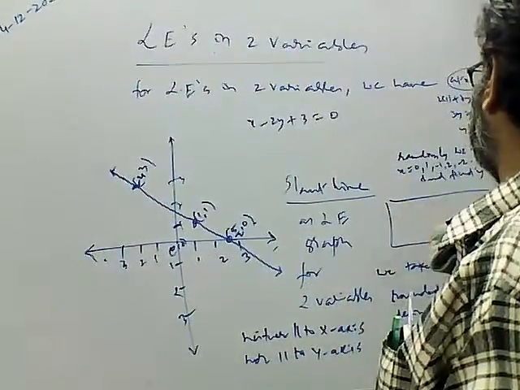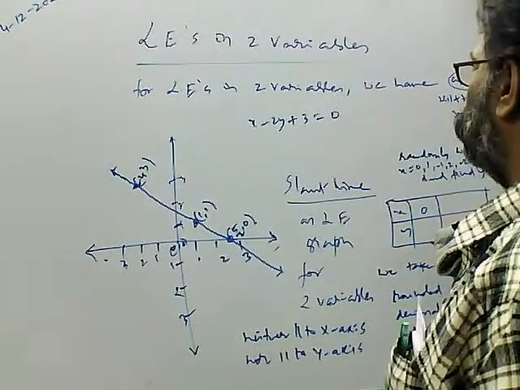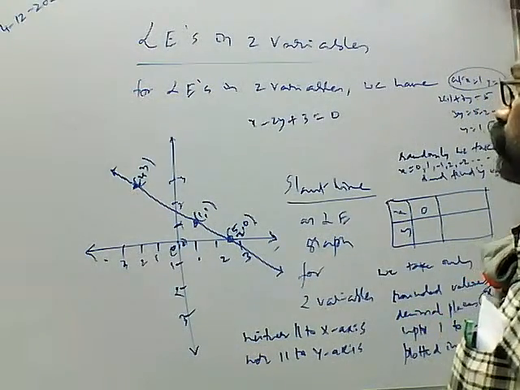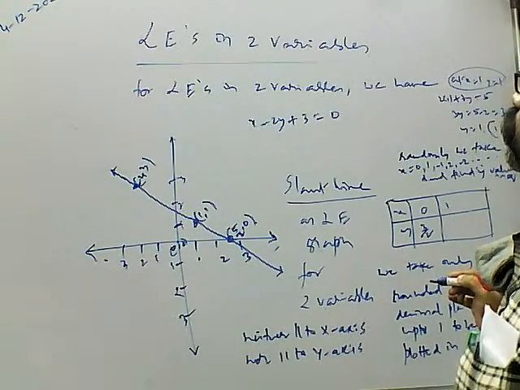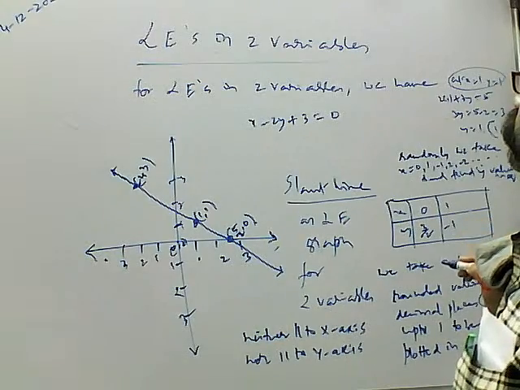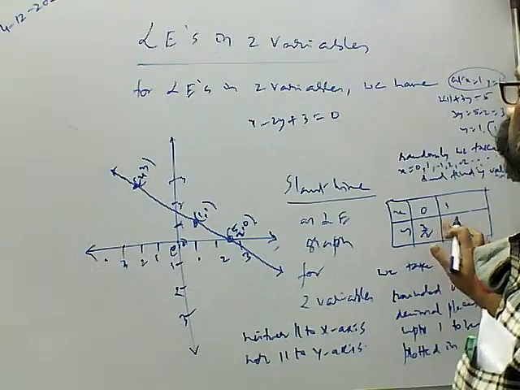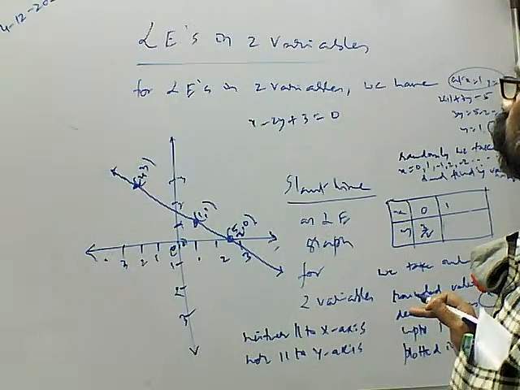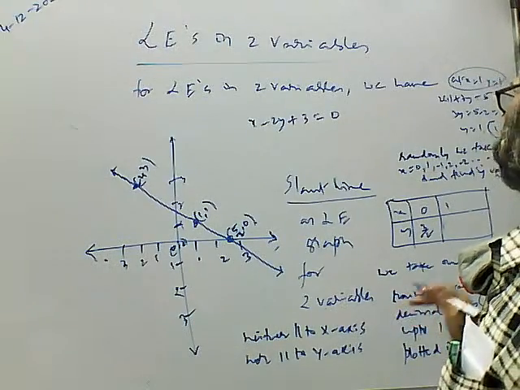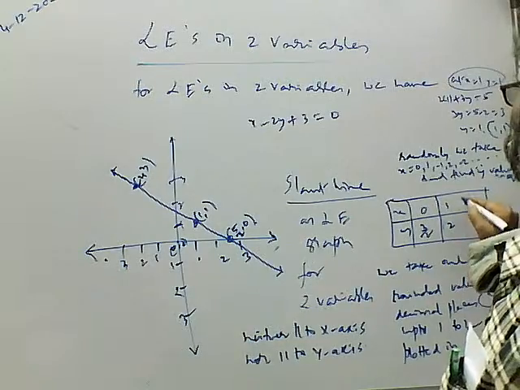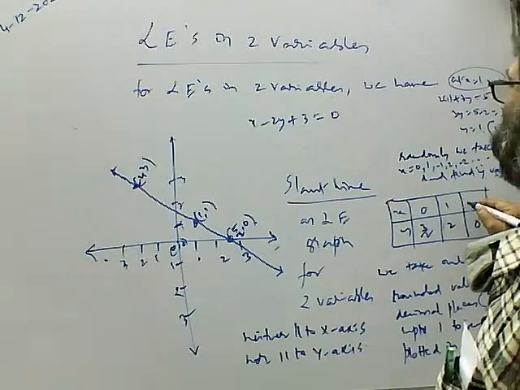So x minus 2y plus 3 is equal to 0 means take values. x0, y is equal to 3 by 2; x1, y is equal to 2; y0, x is minus 3.